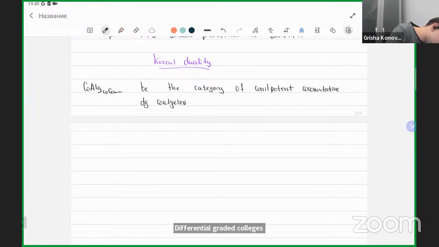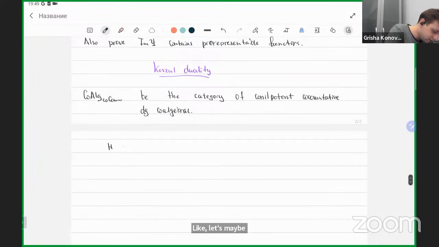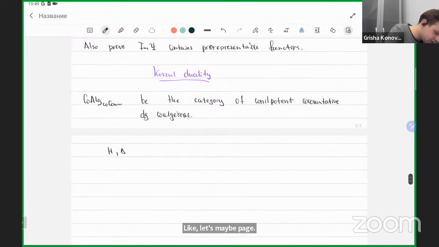Here we're working with non-counital coalgebras. Let H be such a coalgebra.